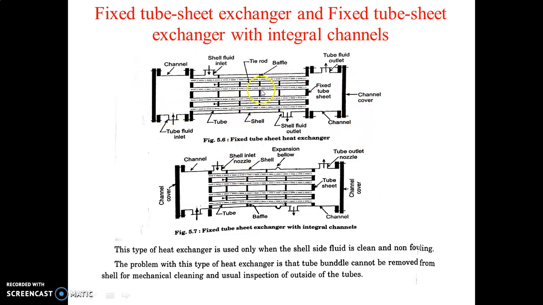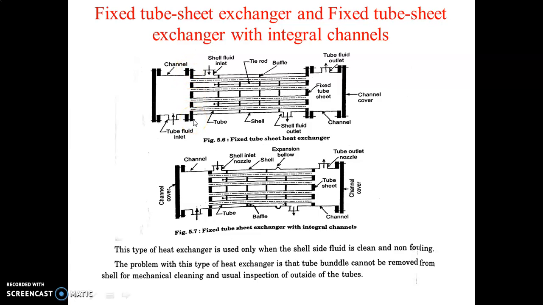So what is the variation between this and this? Both are the same, but in this case the tube sheet is extended beyond the shell. So here, if we look at this part, this is the shell and this is the tube sheet. The tube sheet is extended beyond the shell, and it acts as a flange.